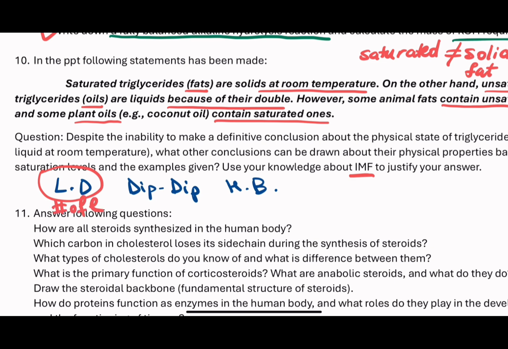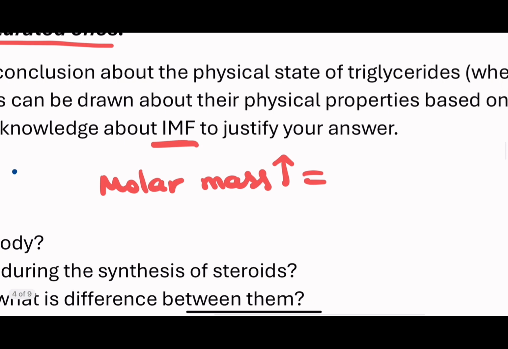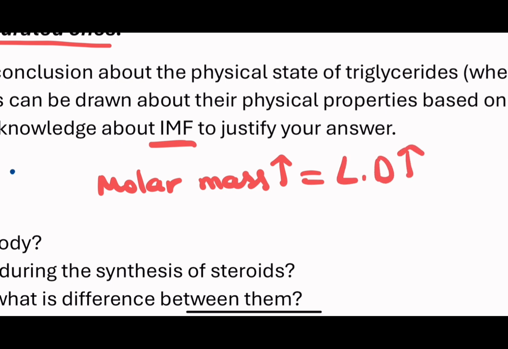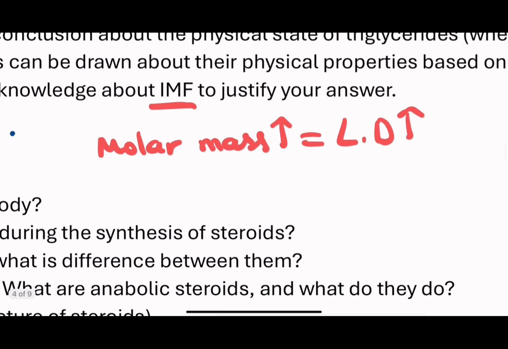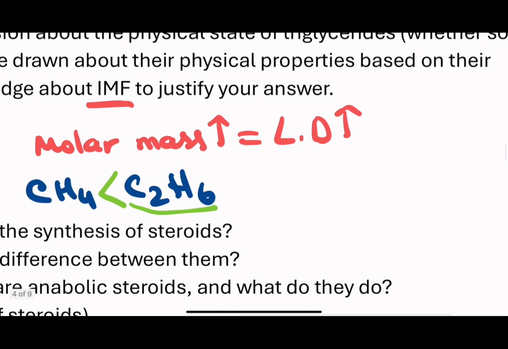So the higher the molar mass, the higher the London dispersion force. For example, let's say I'm comparing CH4 with C2H6, methane and ethane, right? Because we have bigger molar mass here, the London dispersion will be bigger and they will attract each other more.